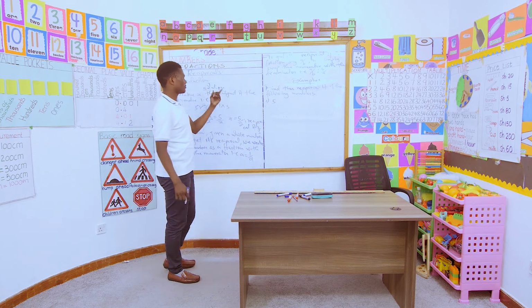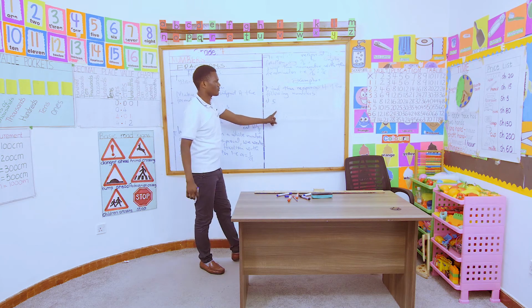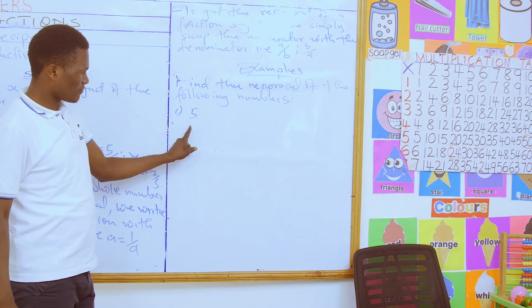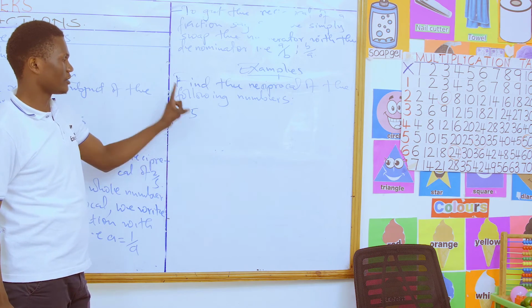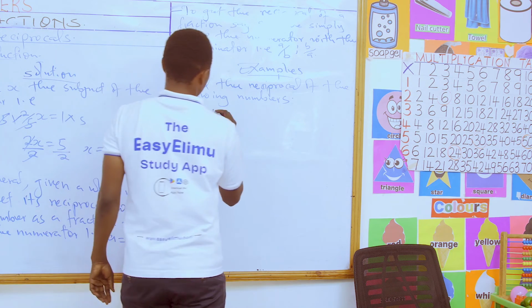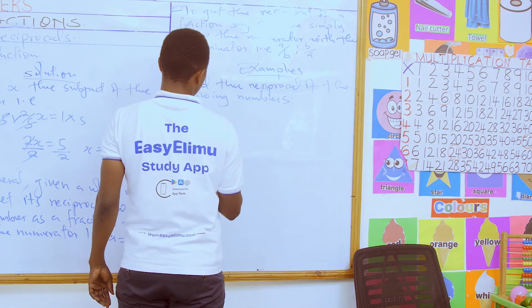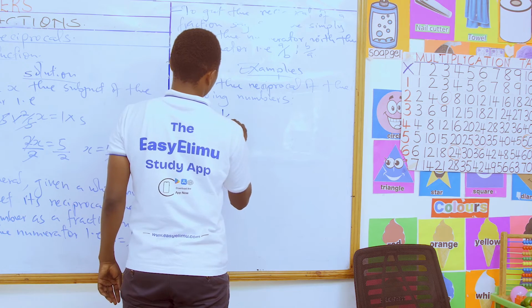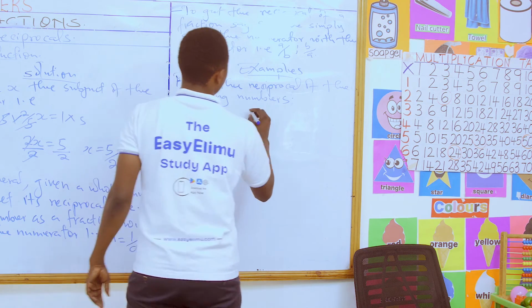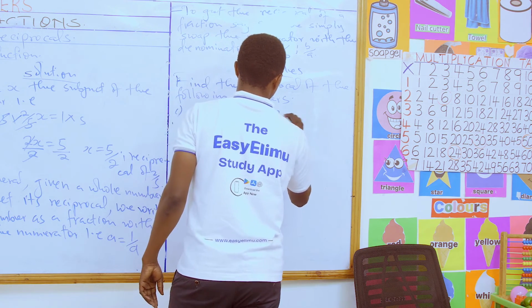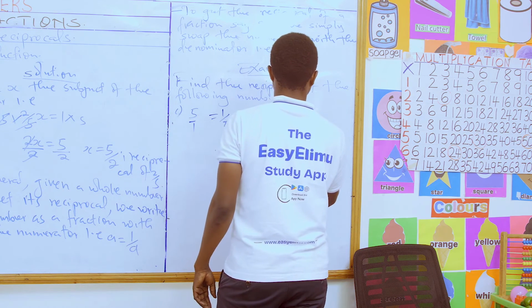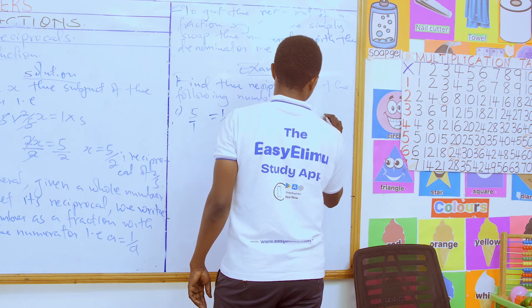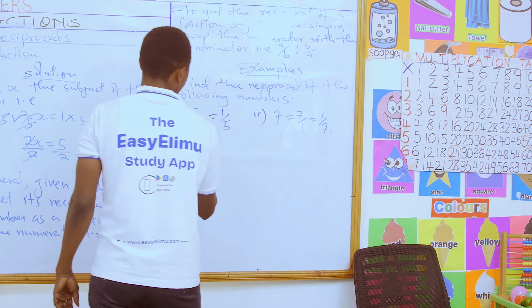And we have said if you're having a whole number, you write this number as a fraction, that very number becomes the denominator and the numerator becomes 1. So the reciprocal here will be 1 over 5. Roman 2, we have 7, its reciprocal is 1 over 7.